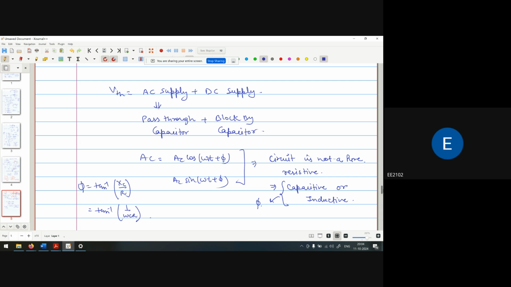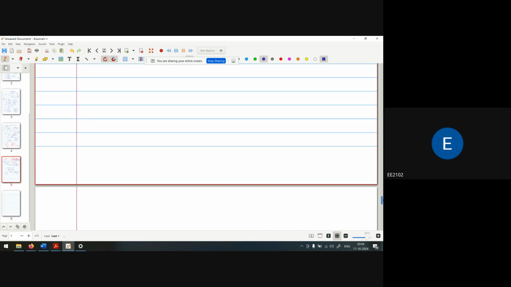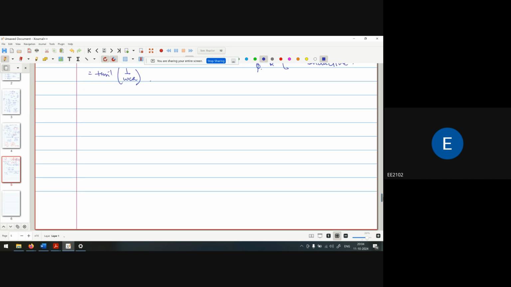I just calculate a Thevenin circuit. So what is my Thevenin circuit? One VTH, RTH, and one capacitor.